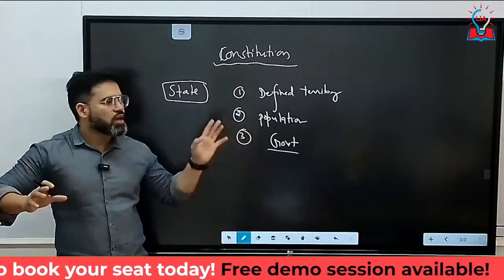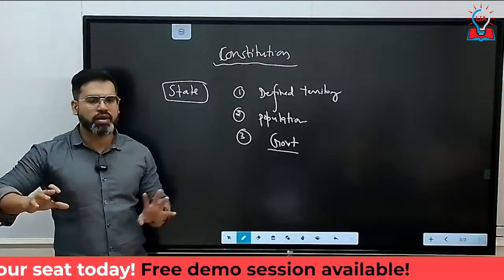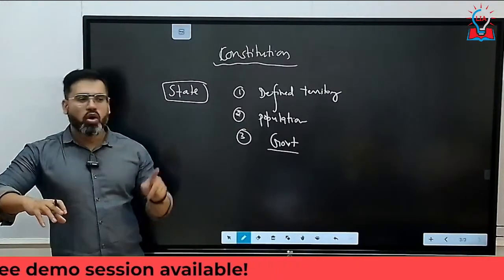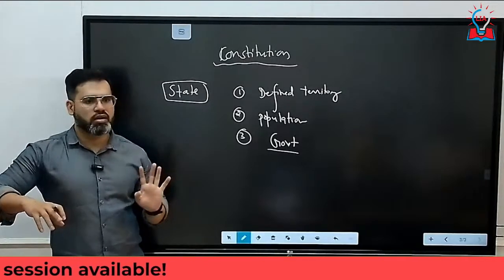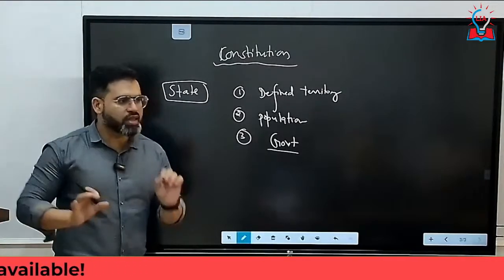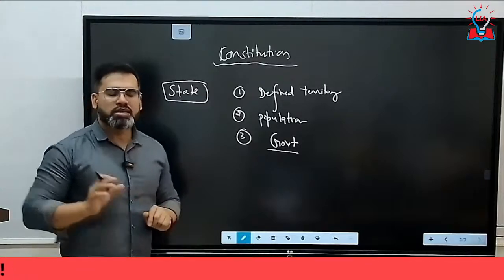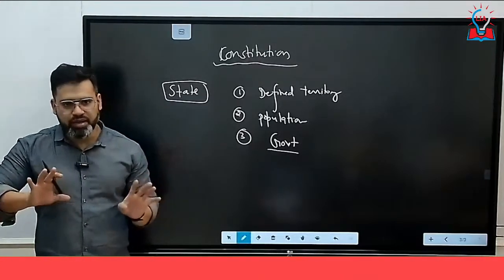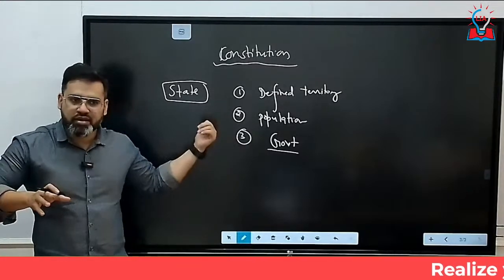So the next is government should be there. Government can be either elected, indirectly elected, or even a monarchy. Everything works, but the only thing is government should be there. Just for example, in Afghanistan, the Taliban government is there. That is, Afghanistan is a state.